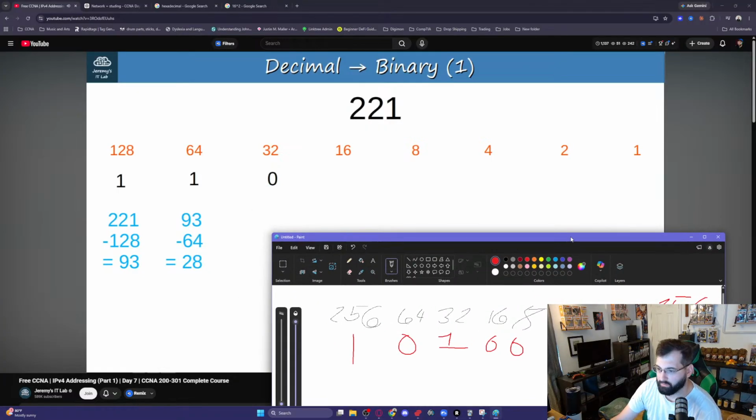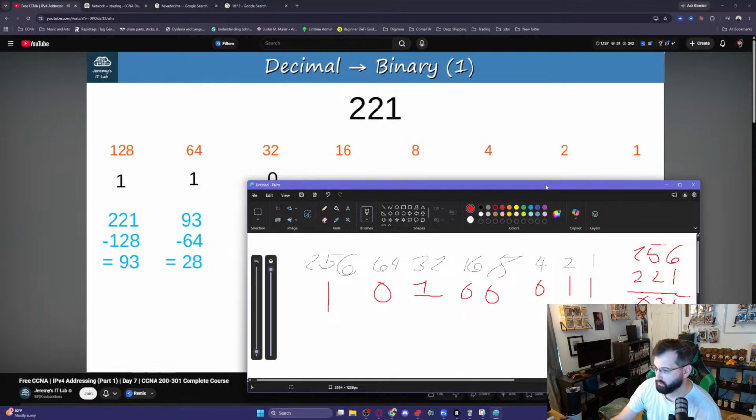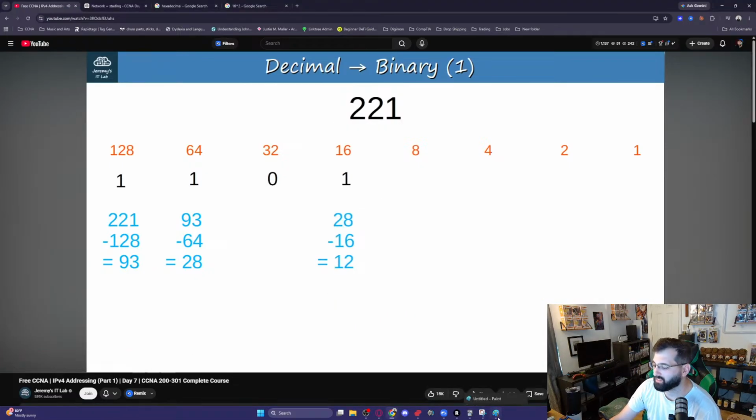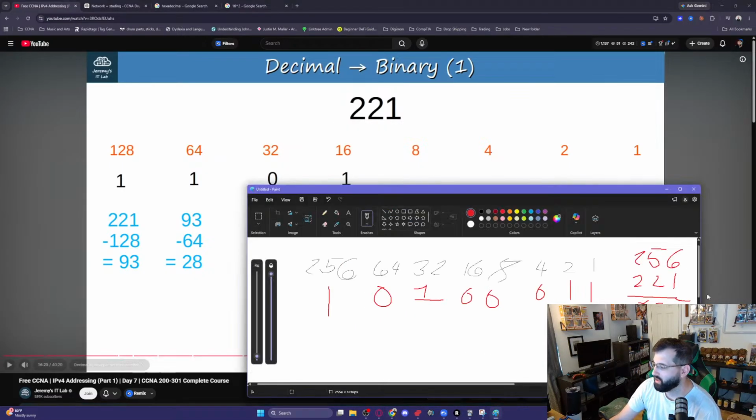I haven't taken the exam yet. Why do I suck at doing this backwards? How did I get 35? Oh, because I did it backwards. Why is this 256?